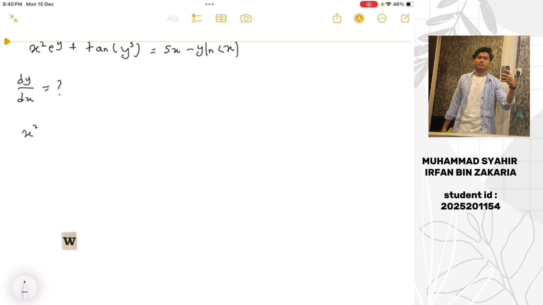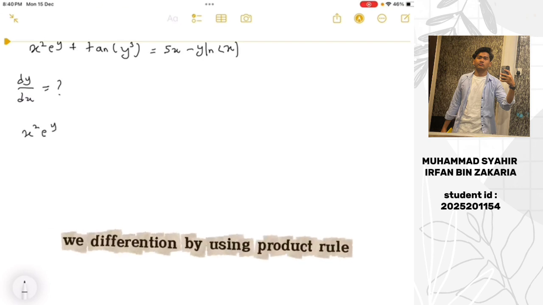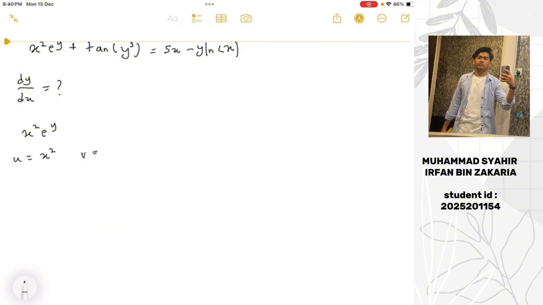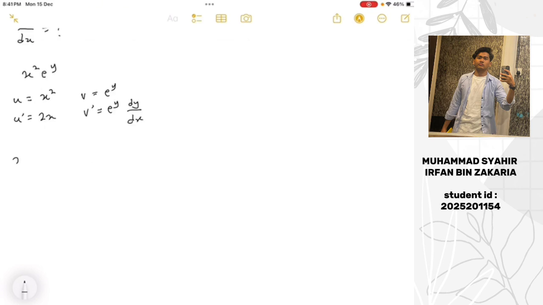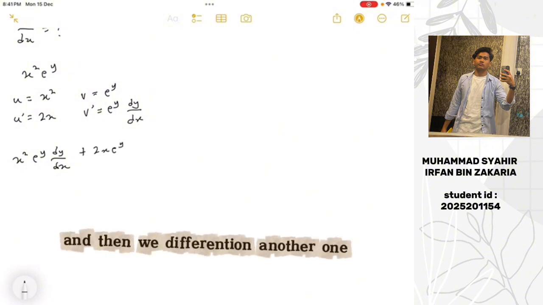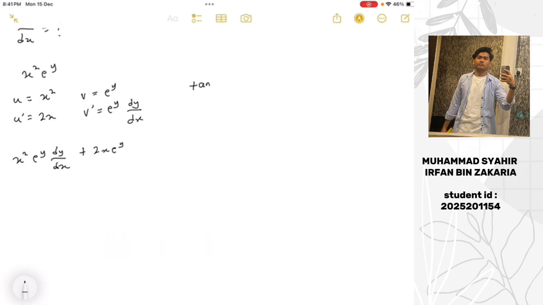We differentiate x^2 e^y by using the product rule. And then we differentiate tan(y^3) using the chain rule.